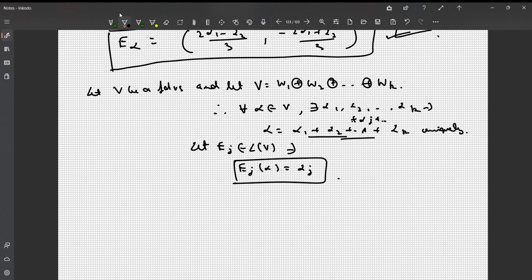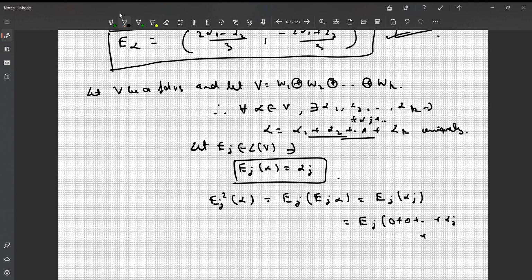Now what is Ej square of alpha? Ej square of alpha is Ej of Ej of alpha, that is Ej of alpha j. Now alpha j can be written as 0 plus 0 and so on till the jth component being alpha j, then 0 and so on till 0. So the jth component of alpha j is alpha j itself. So that is alpha j, but alpha j is nothing but Ej of alpha.